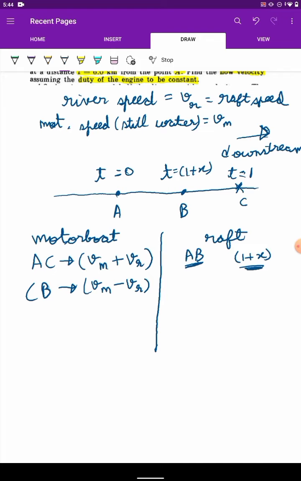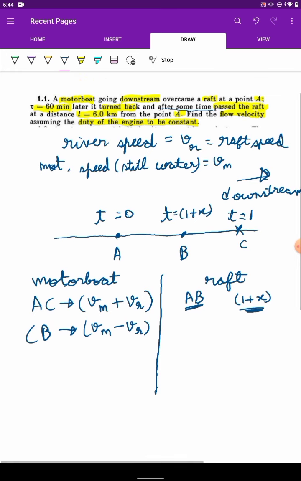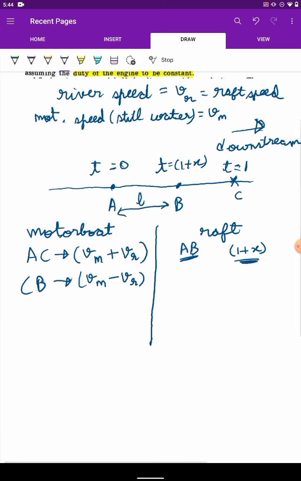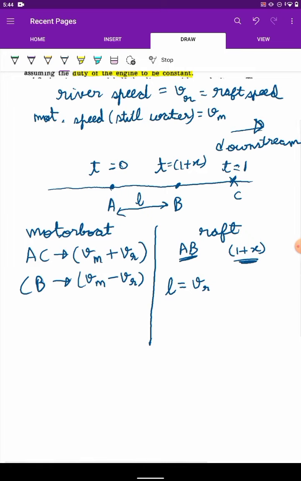The distance from A to B is L, so L is equal to Vr, which we need to find, that is the magnitude of the flow velocity, into the time taken, that is 1 plus x. Fine. The raft part is done.